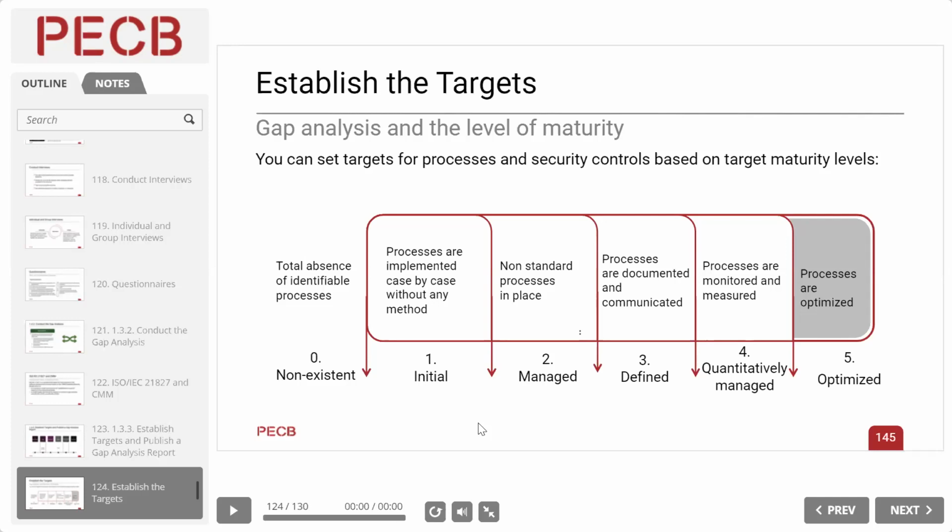So this is the CMM, the capability maturity model, and it describes the way that we expect the processes to be, how they exist, and how they're being used within the organization.